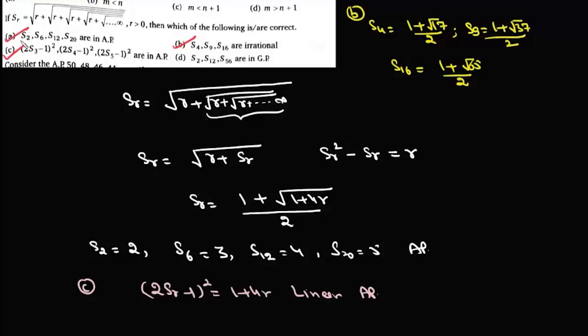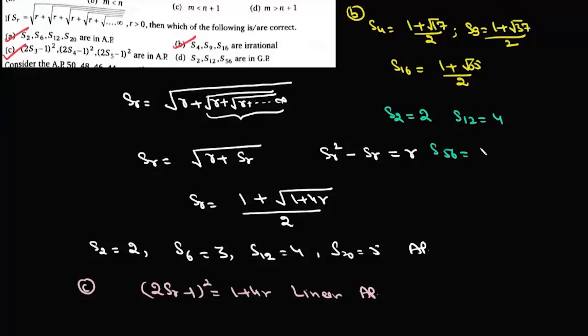And option D is S2, S12 and S56. Now we already have S2. S2 is 2. S12 is 4. We need to find S56.